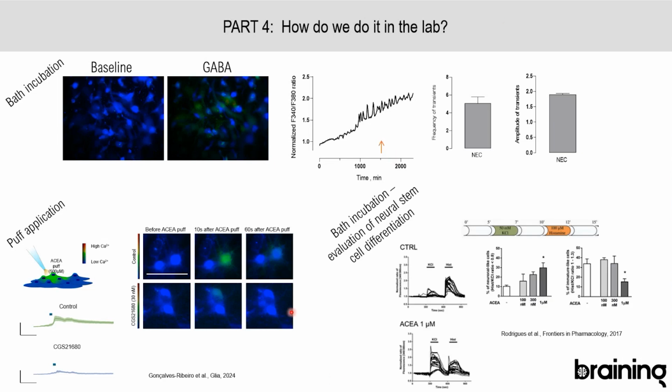Okay. And then we also have a very interesting work with Professor Sara Chapelli, in which we incubate the cells with different molecules that will give us an indication if the cells are more committed to be neurons or if they are not yet committed to be neurons. They are more glia-like.